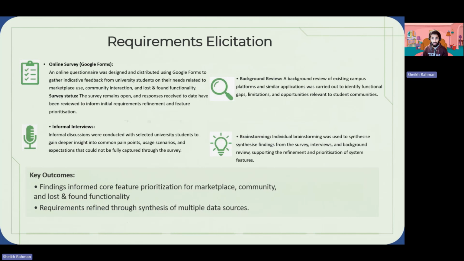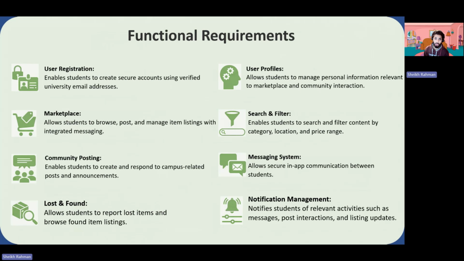Informal interviews were conducted with selected students to gather deeper insight into user expectations and common challenges. Background research was also conducted by analyzing existing student platforms to identify functional gaps. Finally, brainstorming was used to combine findings and refine system requirements. Let's move to the next slide.